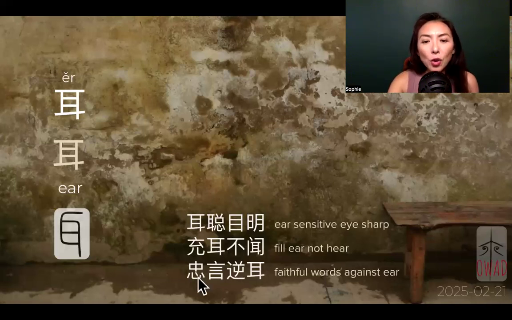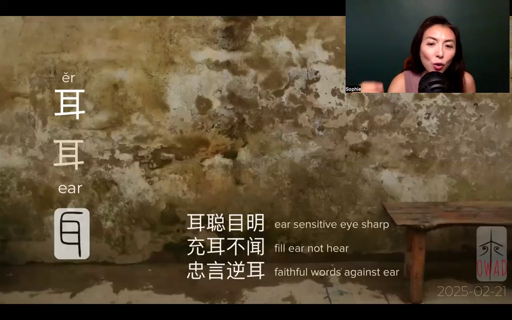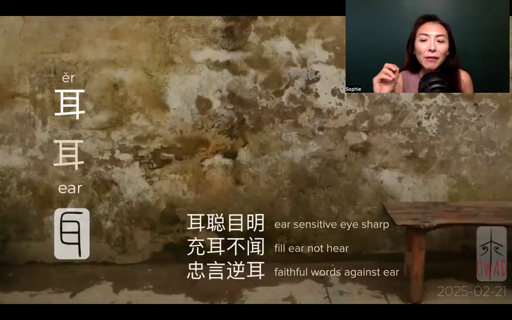Okay. 忠言逆耳. This is a value embedded expression in comparison to the last one. 忠言 means faithful words. Faithful words that go against your ear or are hard to hear. Just like some tastes are bitter.